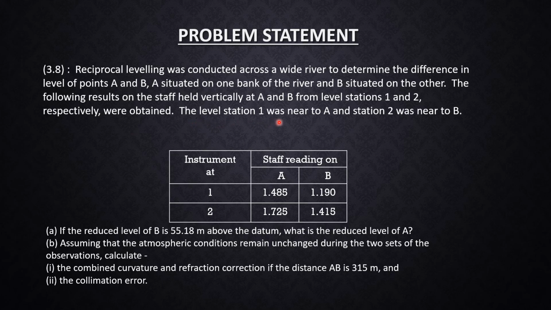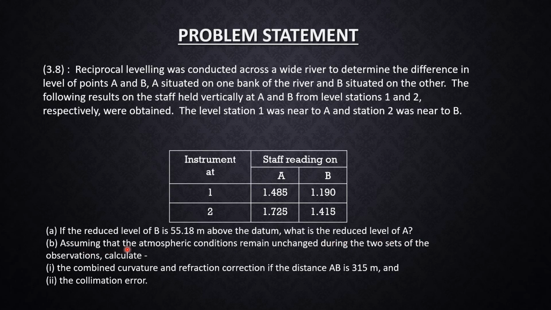Level station 1 was near to A and station 2 was near to B. From this table, we get staff readings: for A, A1 1.485 and A2 1.725, and for B, B1 1.190 and B2 1.415. If the reduced level of B is 55.18 meter above the datum, what is the reduced level of A?